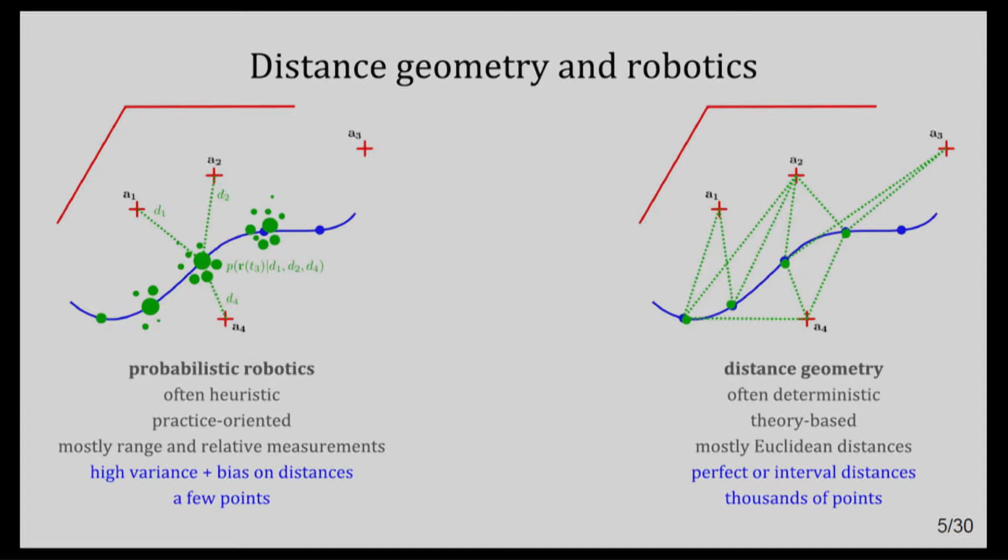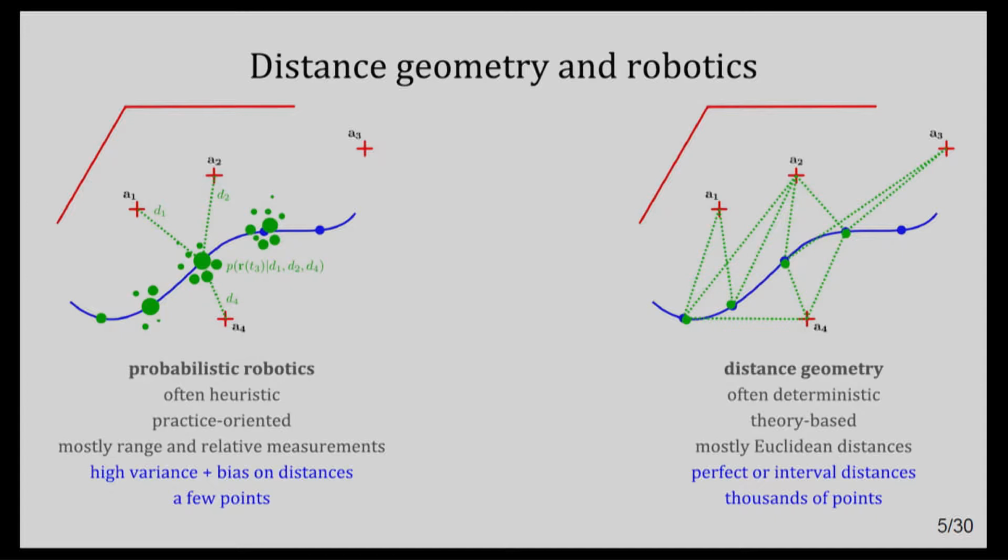And quite often we use mostly range or bearing measurements and relative measurements between, so kind of an estimate of how the robot moves. And I added these two things in blue after the workshop because maybe we can also say that in robotics, usually distances tend to have very high variance and bias. So we have extremely noisy data.